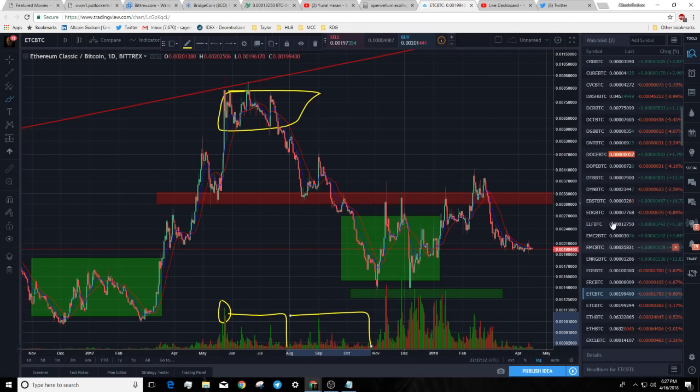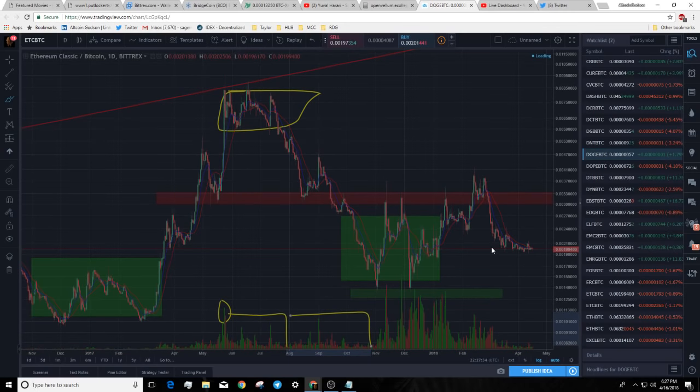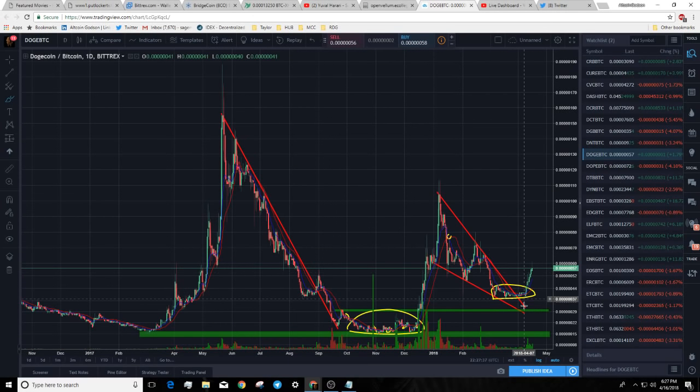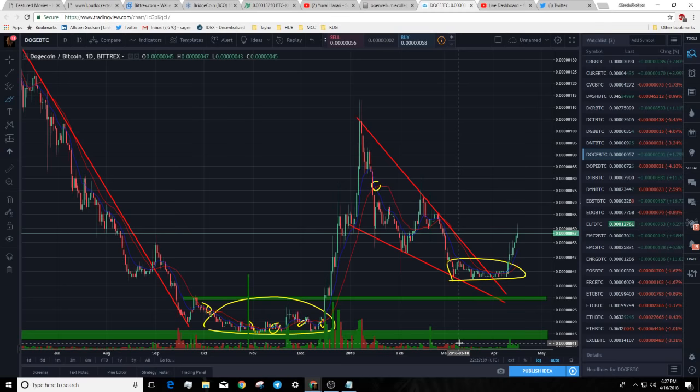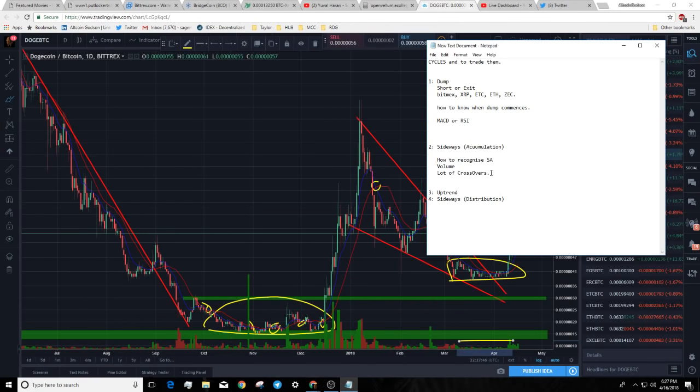Compare that to the Doge coin sideways over here, where you see a lot of green, as opposed to that, which was mostly red. This is how you differentiate between sideways accumulation and sideways distribution, sorry.